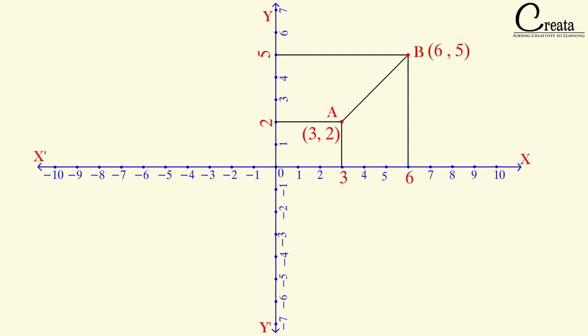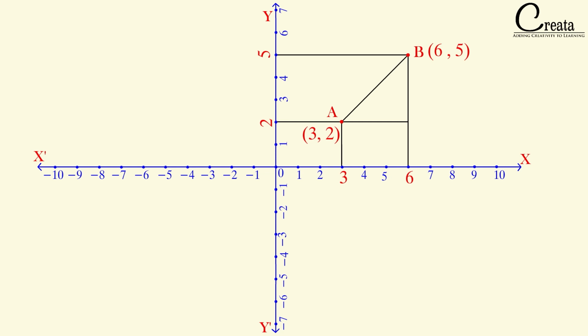If we have to apply the Pythagoras theorem, then we have to locate a right angle triangle. If you observe, A and B are two points, and these two lines are perpendicular to the x-axis and these two lines are perpendicular to the y-axis. Let's extend this perpendicular line.